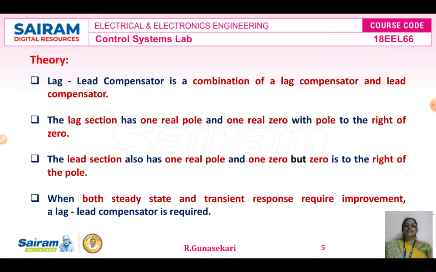The lead section also has one real pole and one zero, but the zero is to the right of the pole. Both sections are used for steady state and transient response requirement improvement.